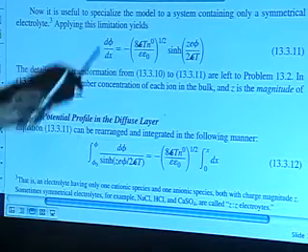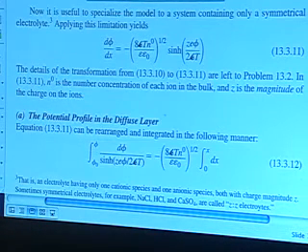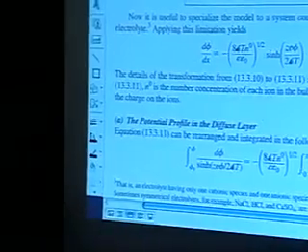So if this is what d phi dx is, this tells us what the derivative of the potential is with respect to distance. So now we know its slope at any position in the solution. But we want to know what the total potential drop is from the electrode to any arbitrary point. Now, if we know the slopes, we have to integrate those slopes over the total distance to get the total potential drop.